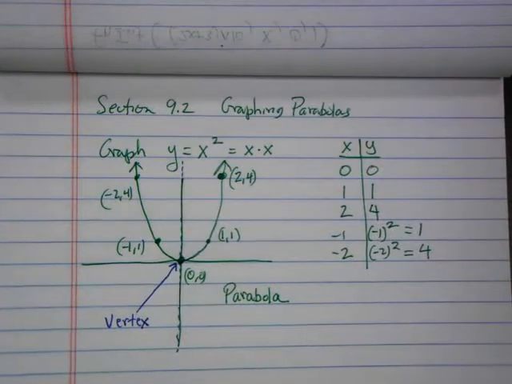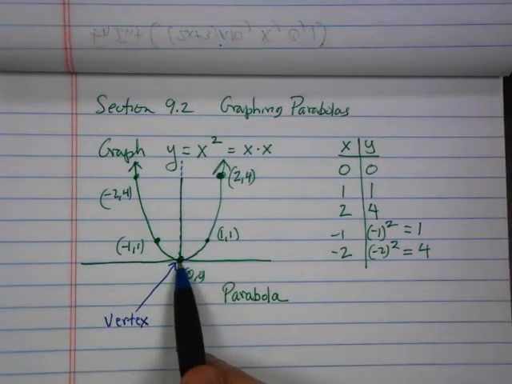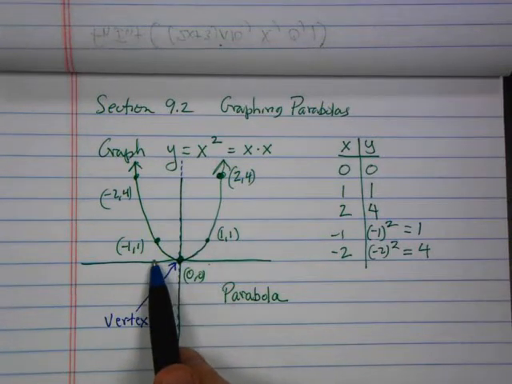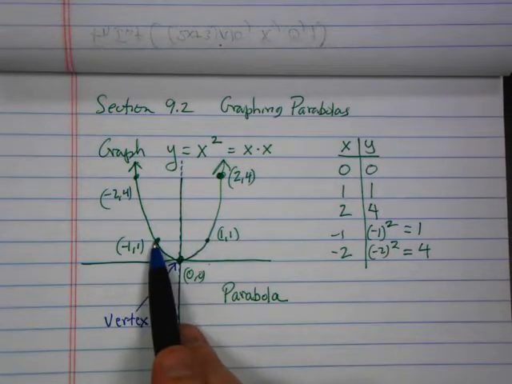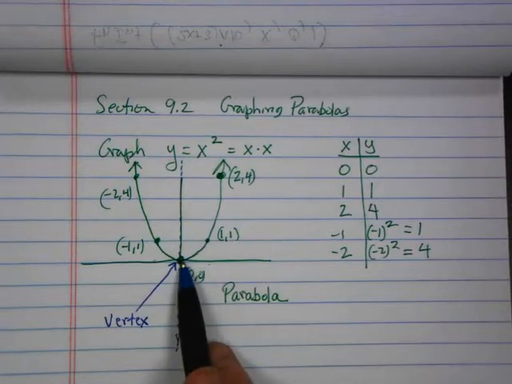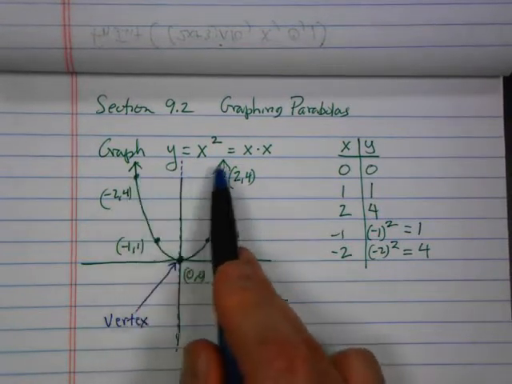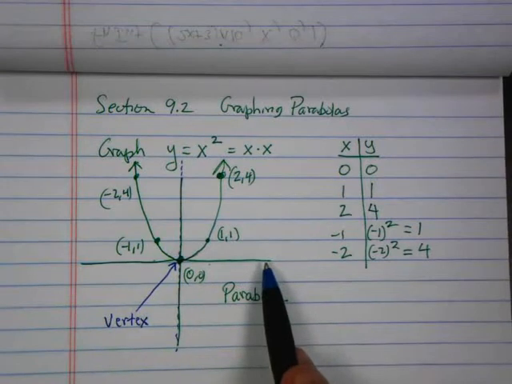And notice there's a pattern in the y values. If I start at the origin and I go one step to the right or one step to the left, what can you tell me about the y values on the graph? They're exactly the same. If I went 2 steps to the right or 2 steps to the left, they're the same.